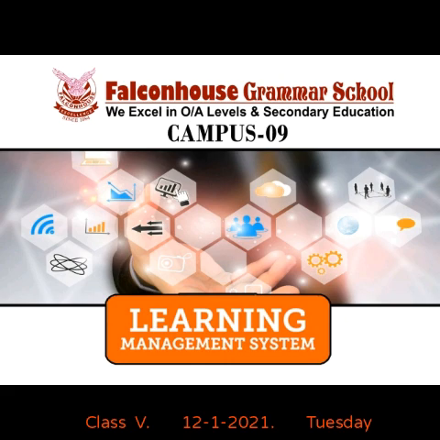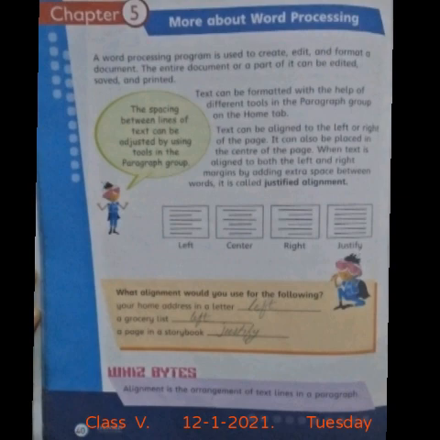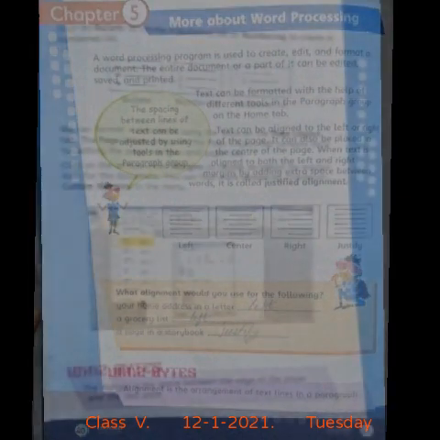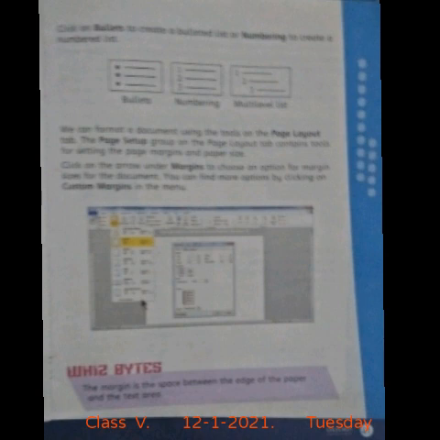Today I'm going to continue chapter 5, in which we have completed the topic alignments. I'm also going to explain word processing and do the given exercise on page number 40. We also explained bullets, numbering and the multi-level list with its implementation on MS Word 2010.